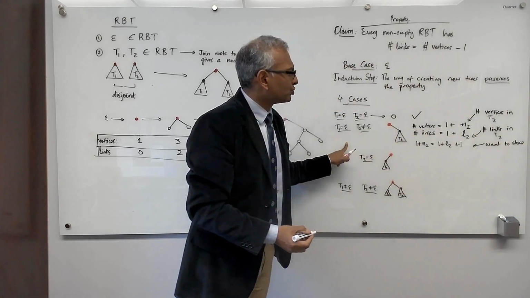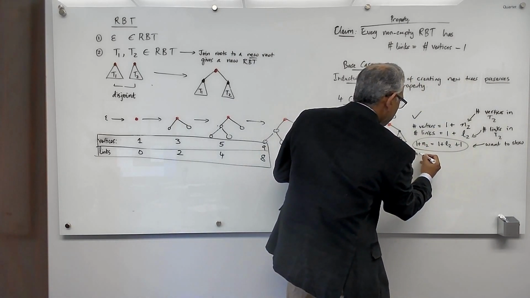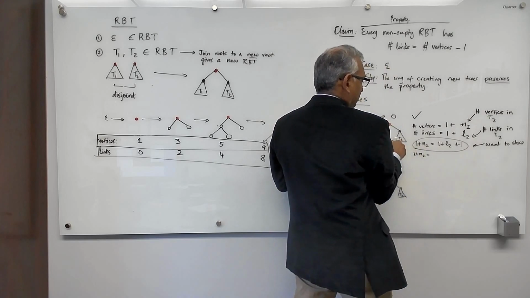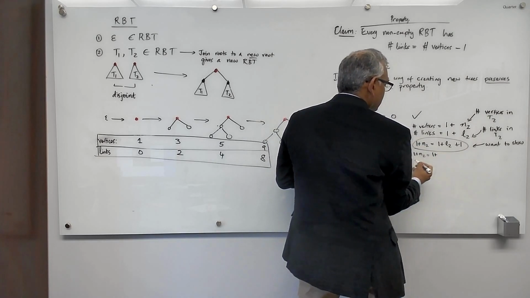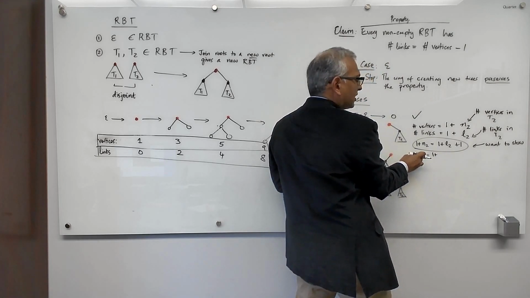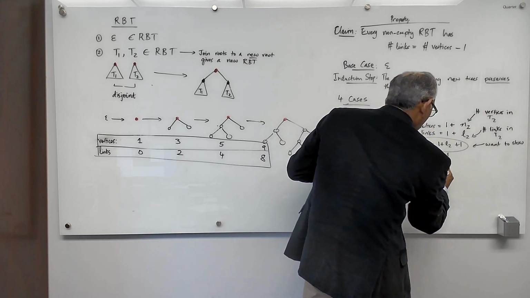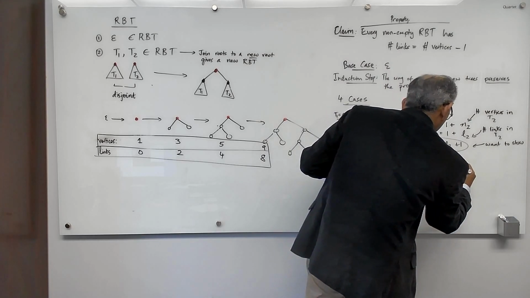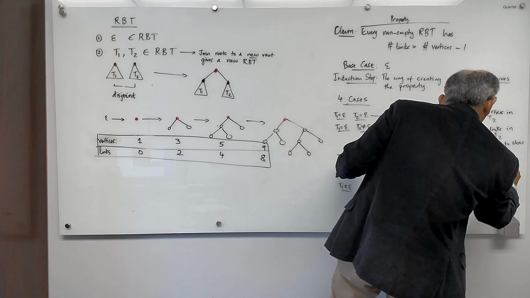Okay? Want to show this. So let's show that. So 1 plus n2 is equal to, but because this parent has the property, it's equal to 1 plus L2, since n2 is L2 plus 1. Because the parent had the property.